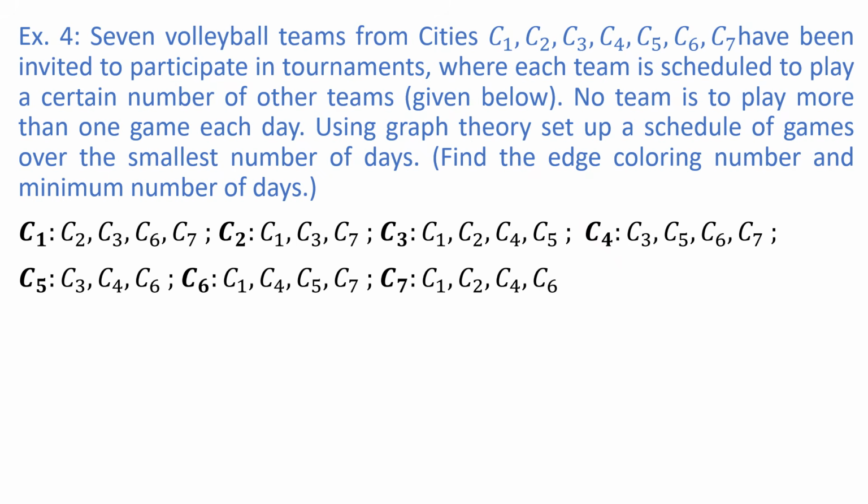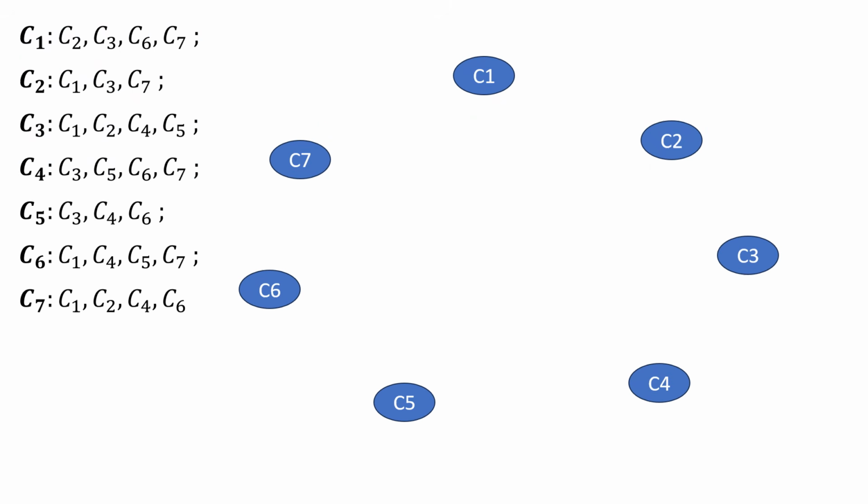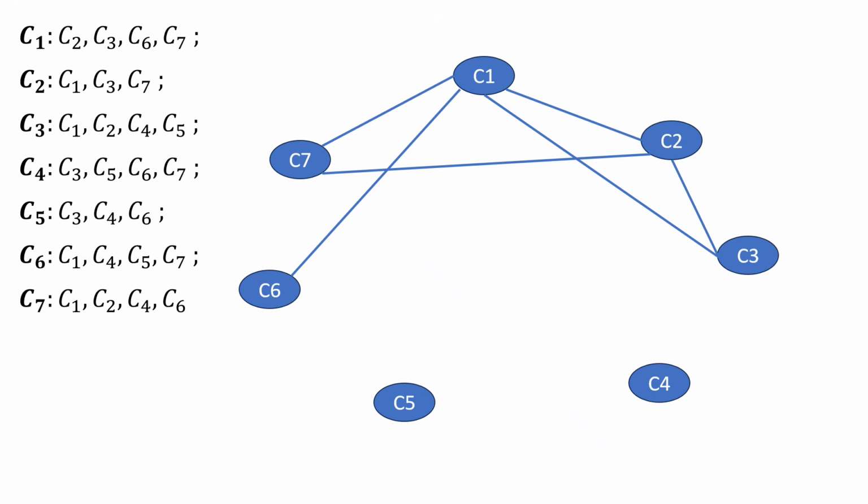So here are the data. Here C1, C2, C3, C4, C5, C6 and C7. So based on this, we have constructed the graph. C1 is connected with C2, C3, C6 and C7. C2 is connected with C1, C3 and C7.